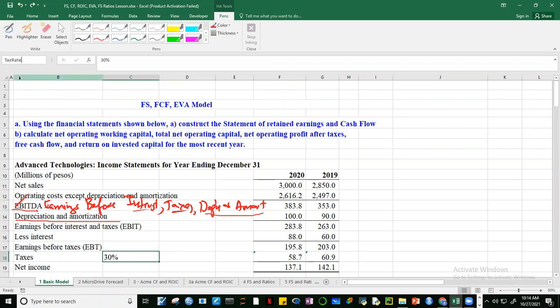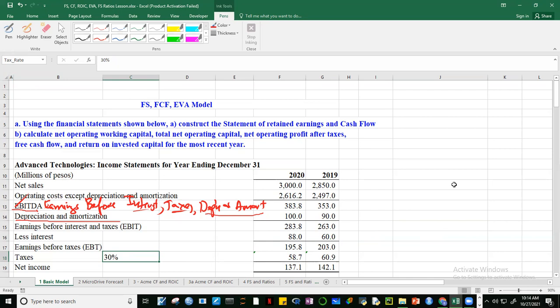There should be no space, you cannot use two words, or you can use tax underscore rate. So let's use that, guys. Put here tax_rate. Make sure that your active cell is pointed at 30%, and then press enter. You notice if I go here, this already has a name, tax_rate.